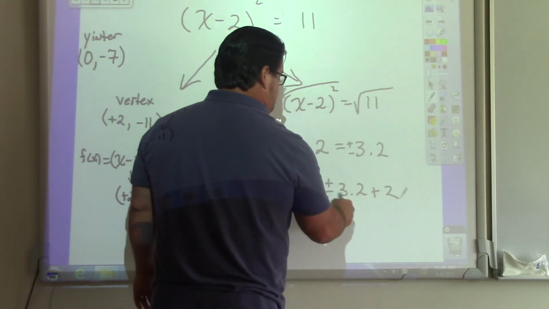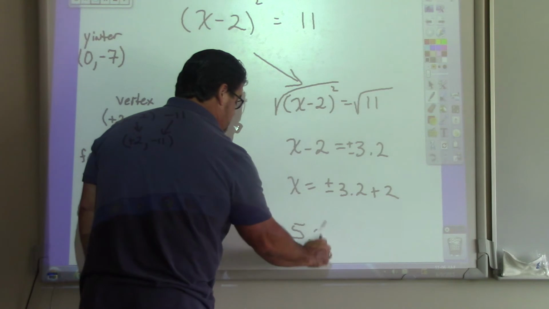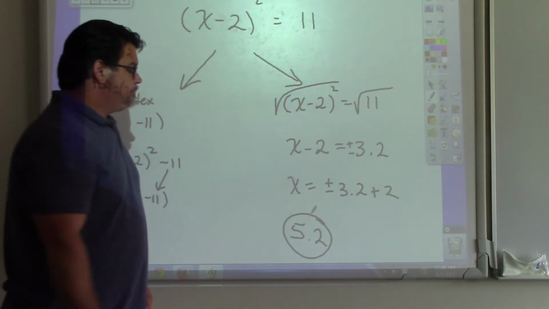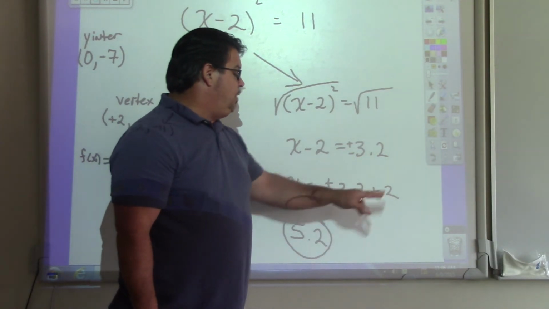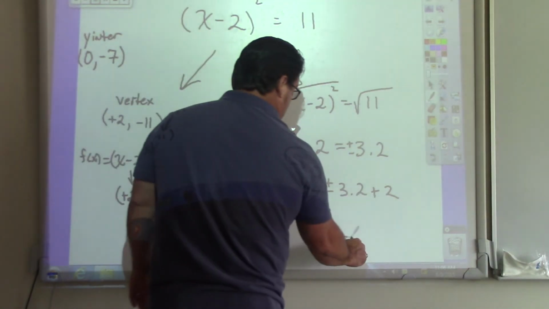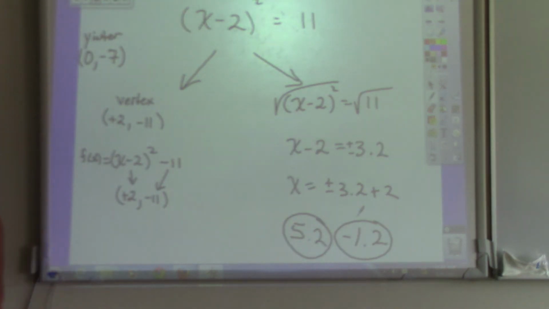What's $3.20 plus $2? $5.20. So that's my x-intercept. You owe $3.20. You paid $2. What do you still owe? So there's your 2 x-intercepts. Now sketch it.